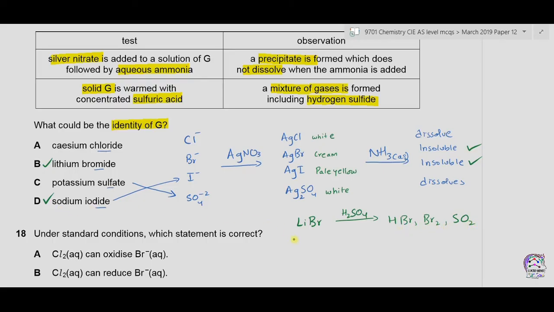But when sodium iodide is added to concentrated sulfuric acid, it forms hydrogen iodide gas, iodine, sulfur dioxide and hydrogen sulfide. As in the observation they have mentioned hydrogen sulfide, this option is correct. So the answer is D.